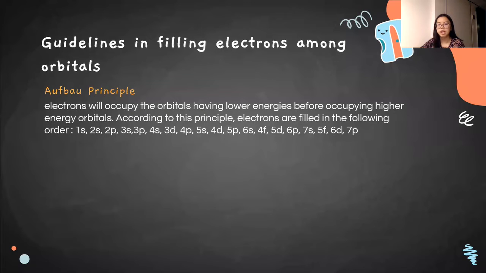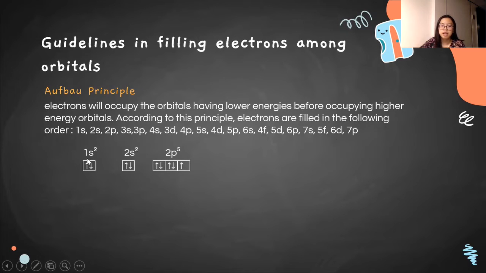According to this principle, electrons are filled in the following order: 1s, 2s, 2p, 3s, 3p, 4s, 3d, 4p, 5s, 4d, 5p, 6s, 4f, 5d, 6p, 7s, 5f, 6d, and 7p.